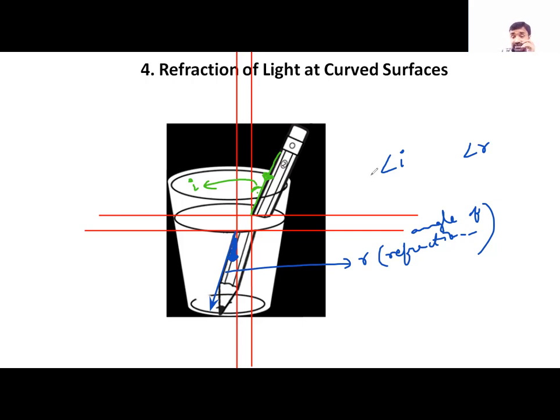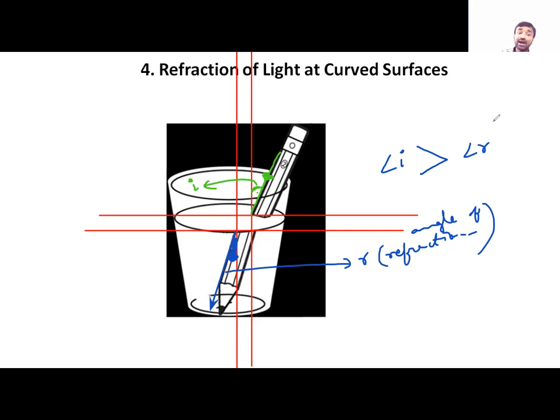So simply, the angle decreased. The angle of incidence is greater than the angle of refraction. In what direction does the light ray bend? Towards the normal.